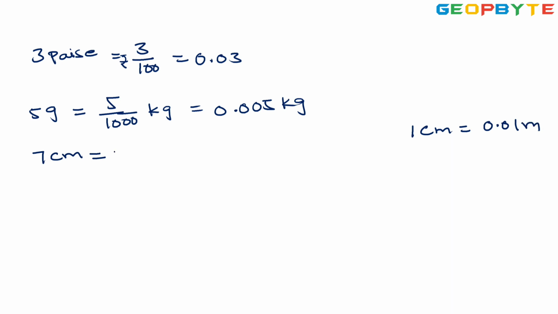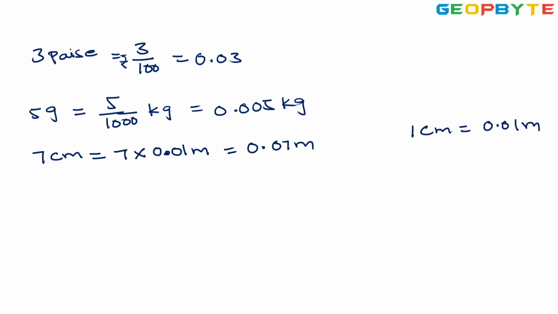So 7 centimeters is 7 into 0.01 meters, which is equal to 0.07 meters. Right, clear?